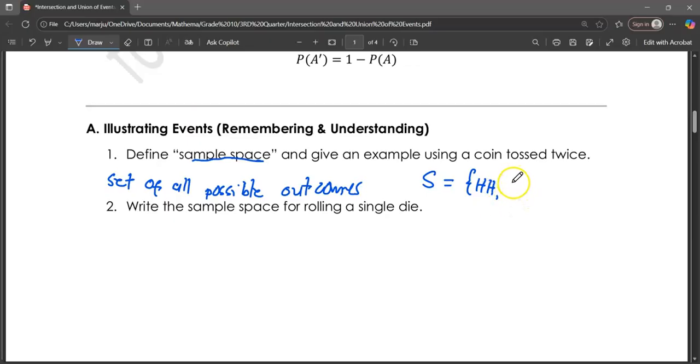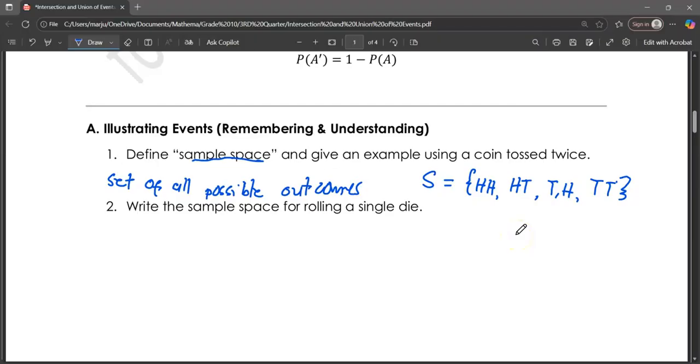Or the first is head, the second is a tail. Or the first one is a tail, the second is a head. Or both tails. So again, this will be our sample space. There are 4 elements.